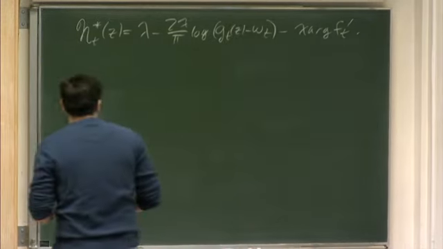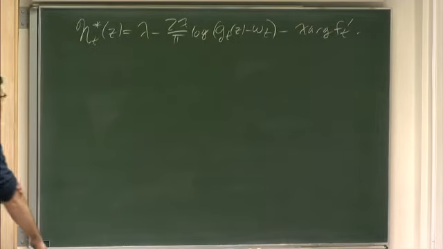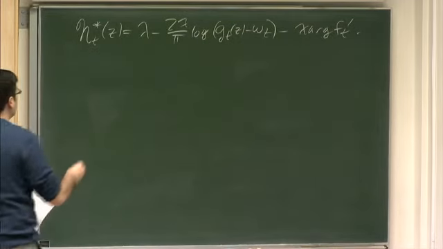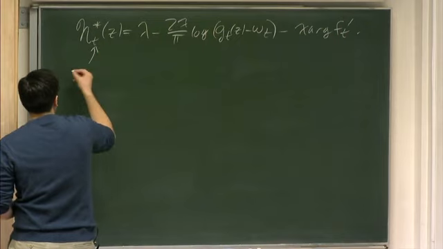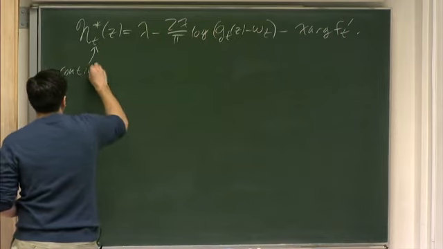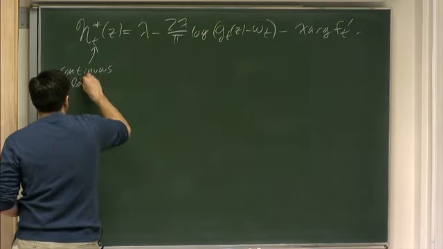Now we have this equation, and what do we know? We know that this here is a continuous local martingale.